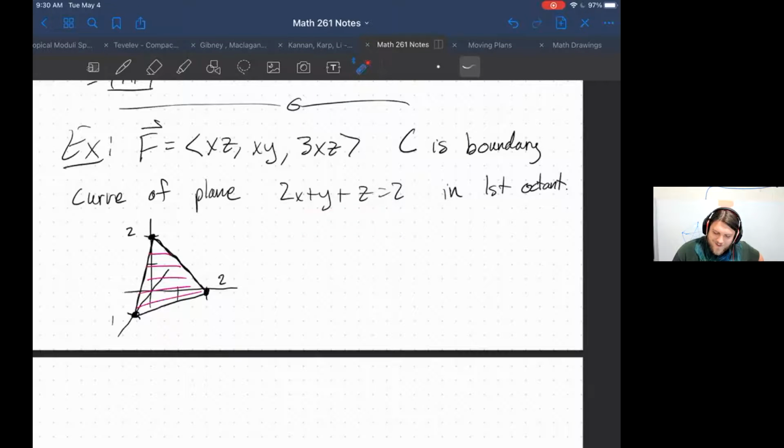A normal vector, 2, 1, 1, the coefficients of these terms. This is pointing somewhere out in this first octant. But this normal vector is the exact normal vector that we would want to use to give a counterclockwise orientation.